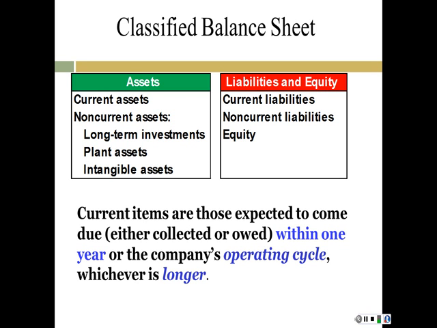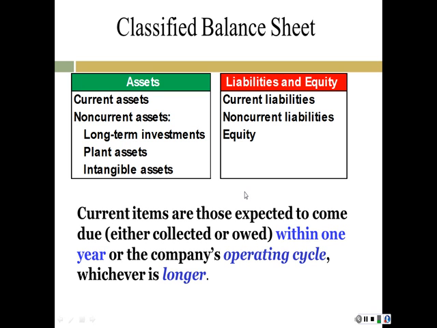Examples of plant assets are assets such as buildings and equipment, the ones that we depreciate. The adjusting journal entry you saw earlier related to plant assets that are depreciated, and so we're going to take a detailed look at plant assets. Moving to liabilities, they are broken down into current and non-current. Current liabilities are liabilities that have to be paid off within 1 year or one operating cycle, whichever is longer.